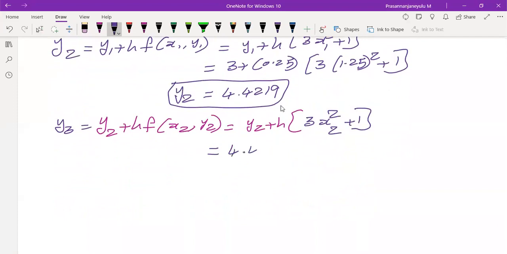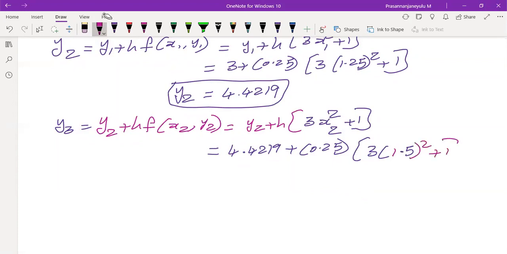So substitute the values of x and y. The y2 value is 4.4219 plus h, which is 0.25, into 3 into x2 value, sorry, 1.5. It is 1.5 whole square plus 1.